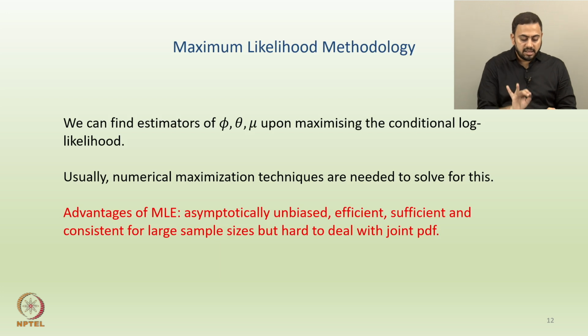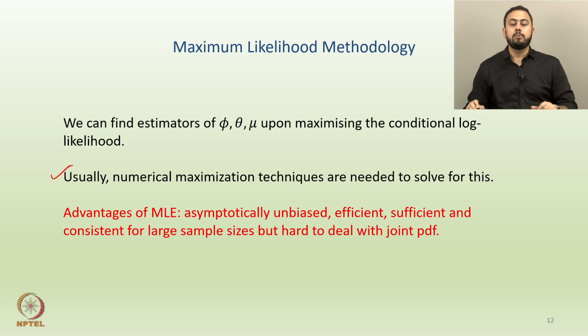Generally speaking, like I said, one can't solve this using pen and paper, because the structure of the likelihood function is too complicated. So usually some numerical approximation or numerical maximization techniques are needed to solve this. Here I was referring back to Newton-Raphson or some other convergence techniques.